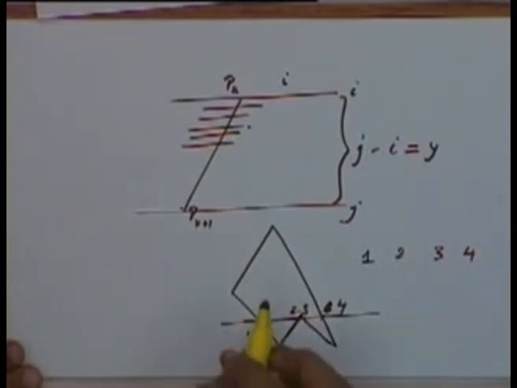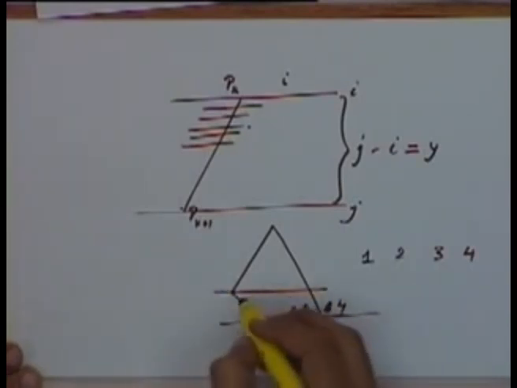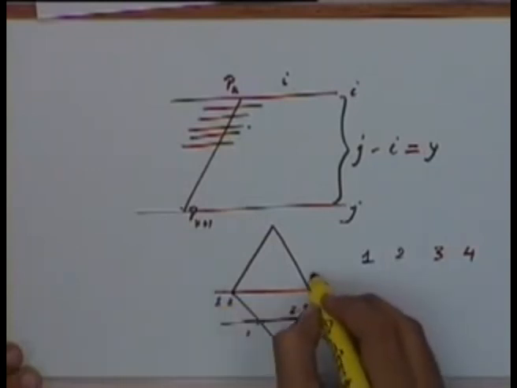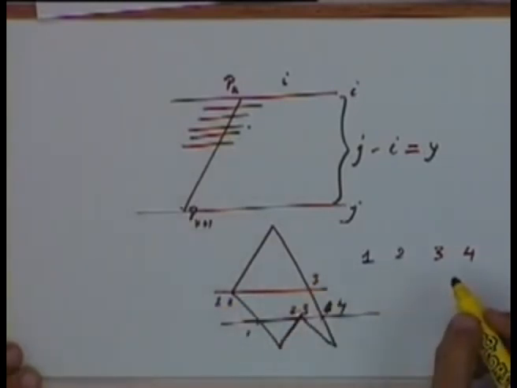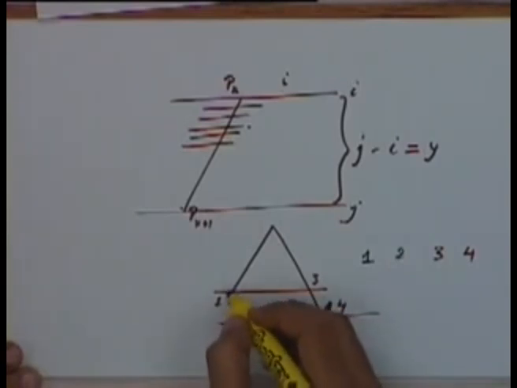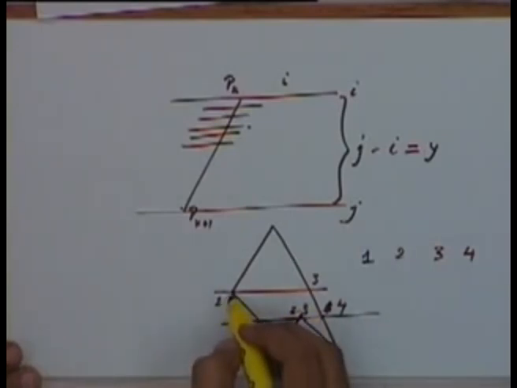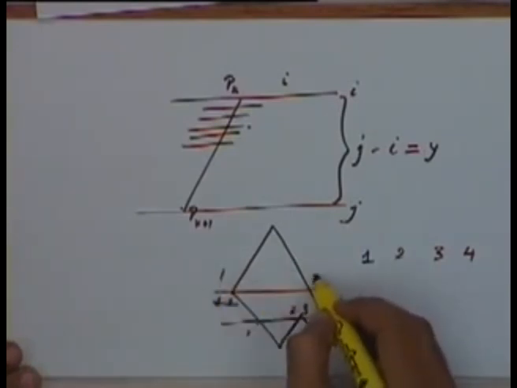But what happens when you are at this endpoint? If you now consider this as two intersections, you have 1, 2 and 3. There are two edges. Do you consider them as two intersections or one? If you consider them as two intersections, again you will have a problem. So here it should be considered as one intersection.